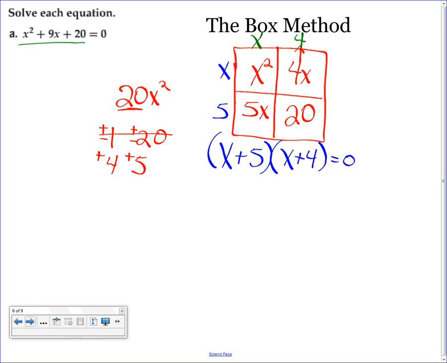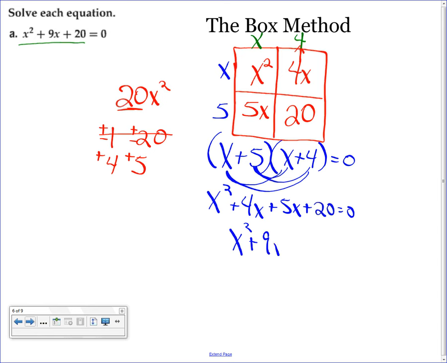That's going to be x squared plus 4x plus 5x plus 20 equals 0. So x squared plus 9x plus 20 equals 0. And you can see that this equation and this equation are the same. So we know that we factored it correctly. Now let me clean all this up.